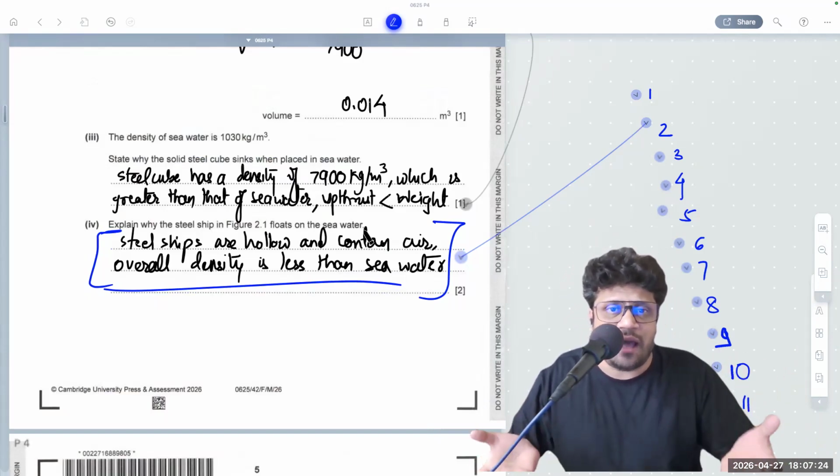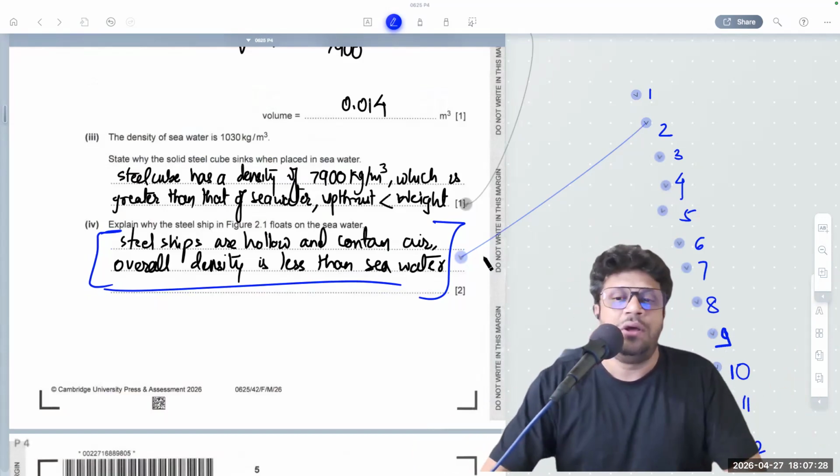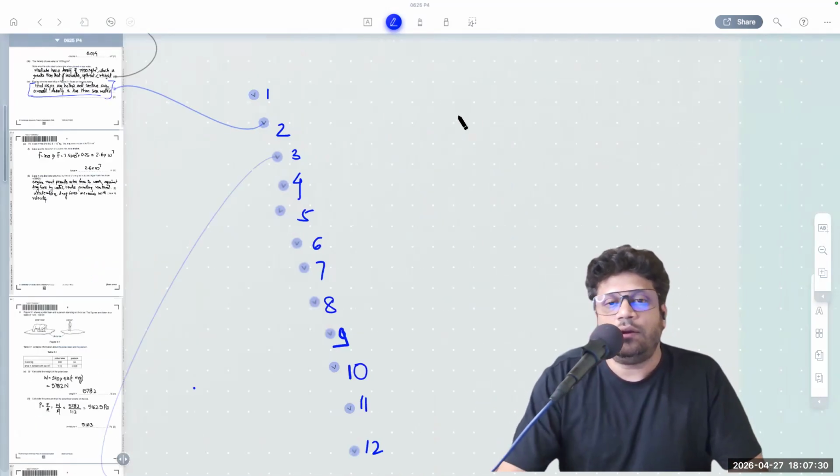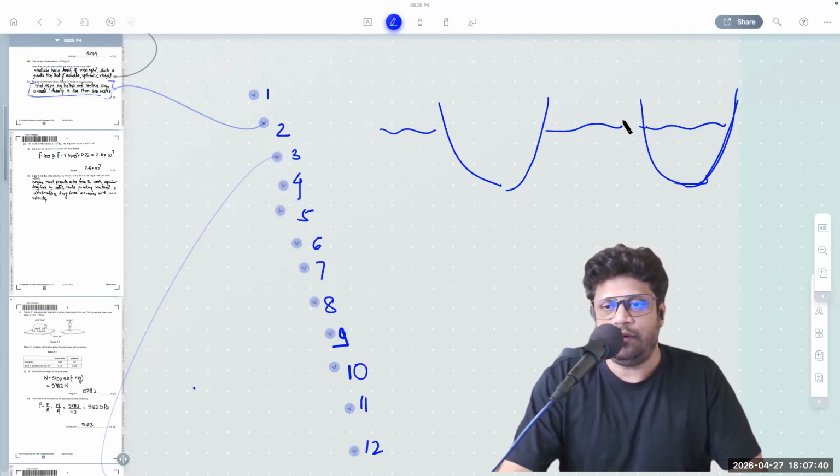So area is larger because of the base, and that is why the pressure reduces. No, the point is, imagine a ship which has a part of it, the base of it, in the ocean.